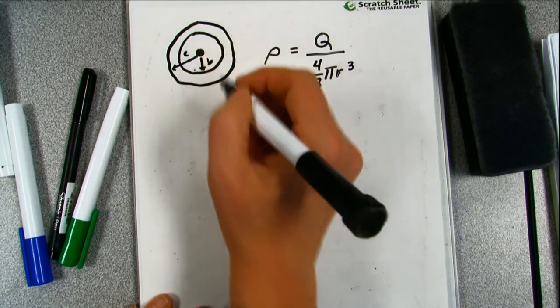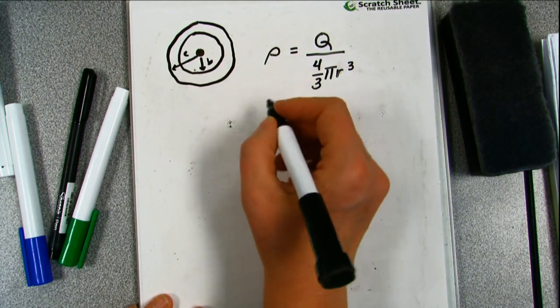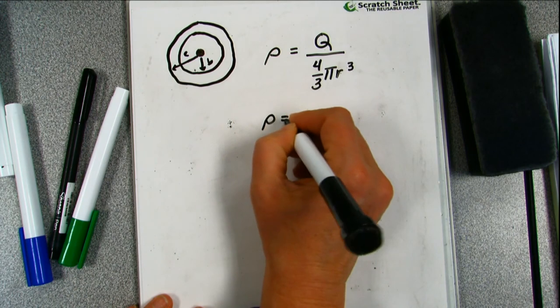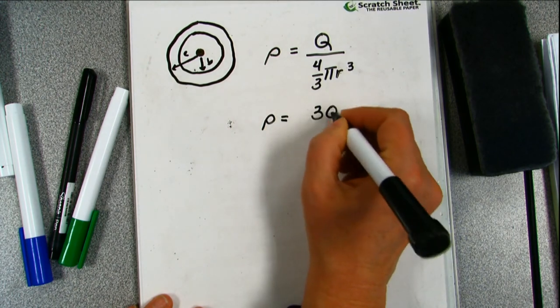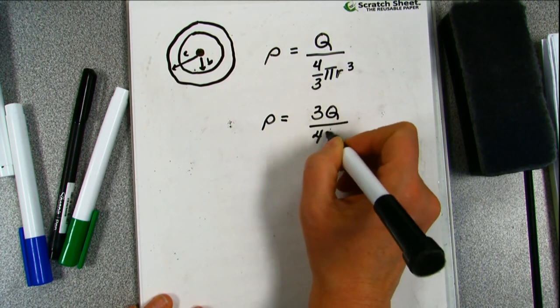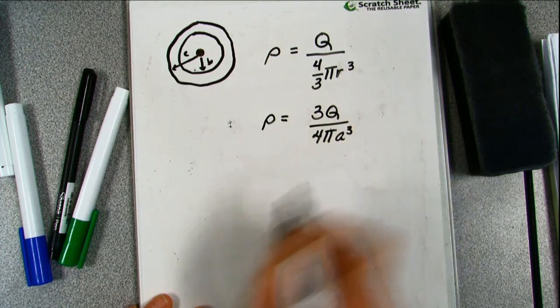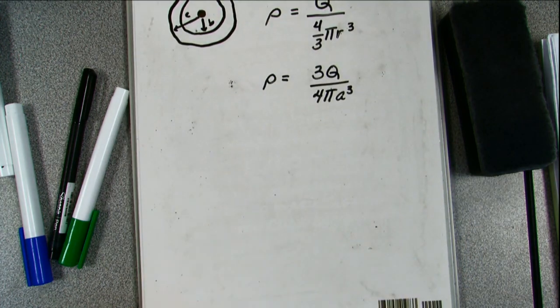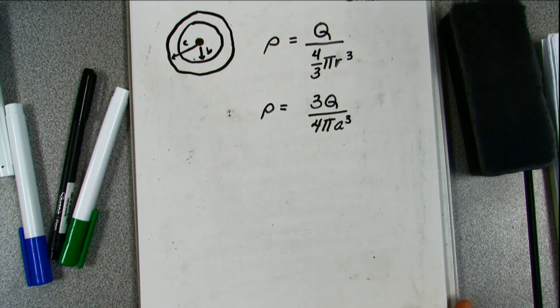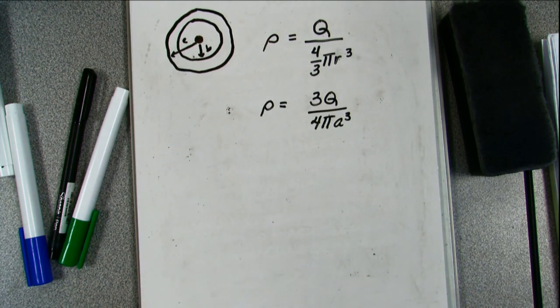And if the radius of the insulator is A, the charge density inside the insulator is going to be 3Q over 4 pi A cubed.